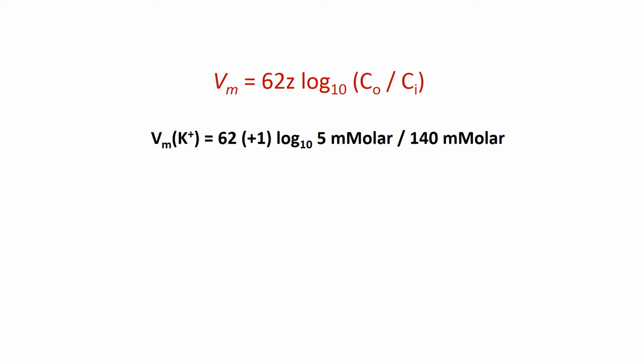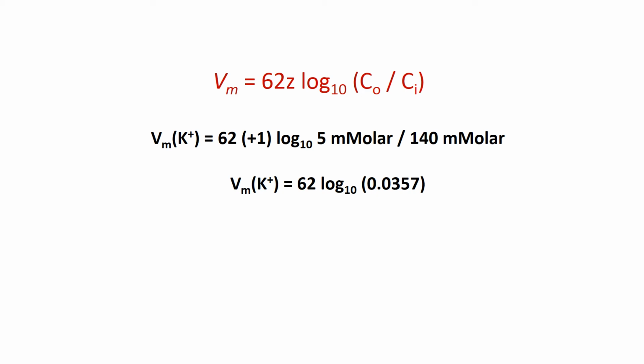First, we're going to divide the concentrations. The voltage across the membrane for potassium is equal to 62 because the charge for potassium is 1 times the log base 10 of that ratio.